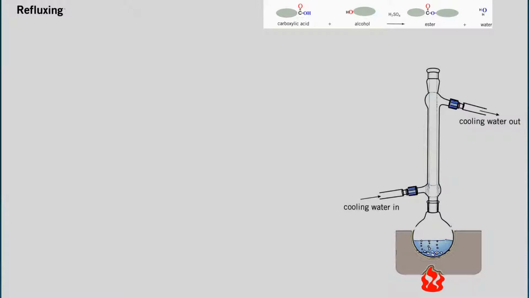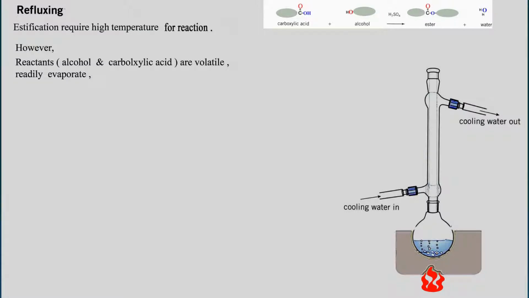Remind you, what is ester forming? Acid plus alcohol forms ester and water. This forming is called esterification. Acid plus alcohol at room temperature does not react. You need to raise the temperature high enough, around 200 degrees, to make this reaction happen, with the help of sulfuric acid.